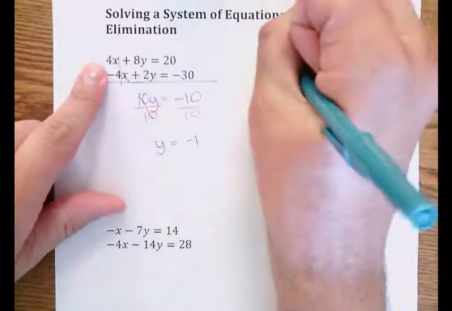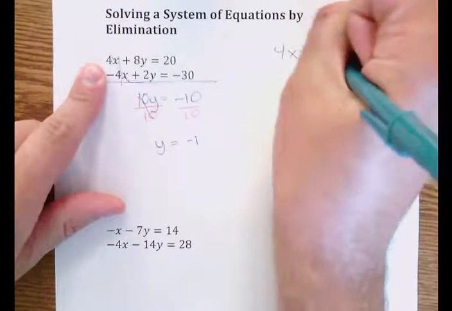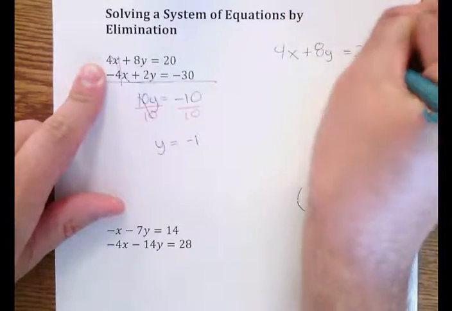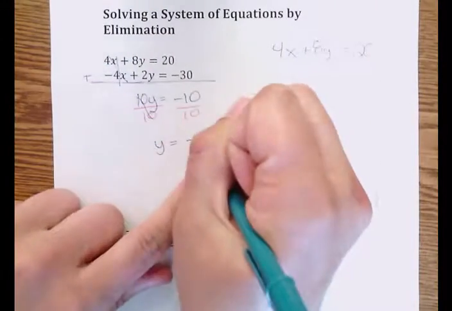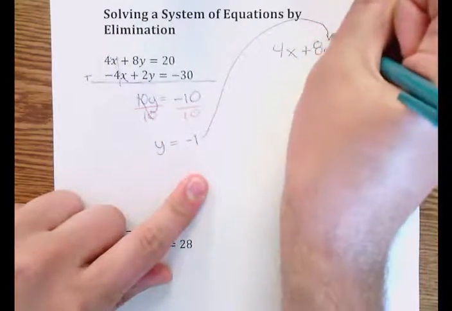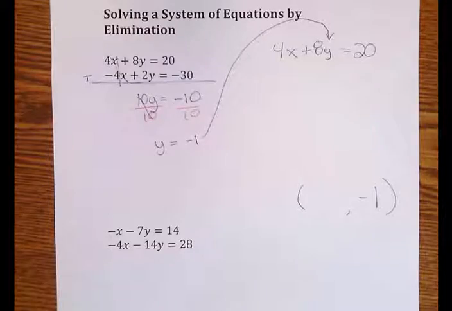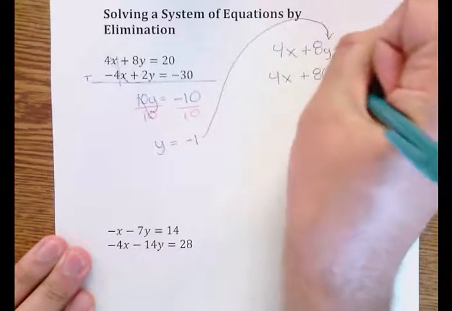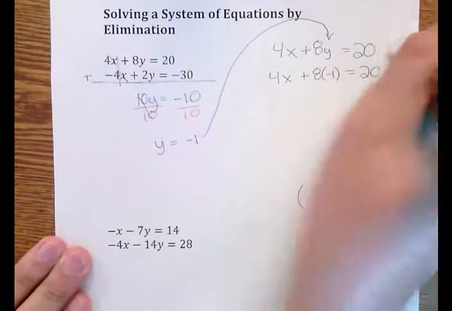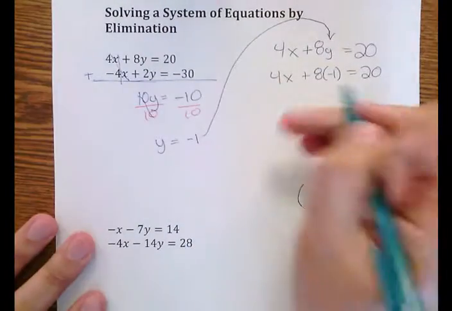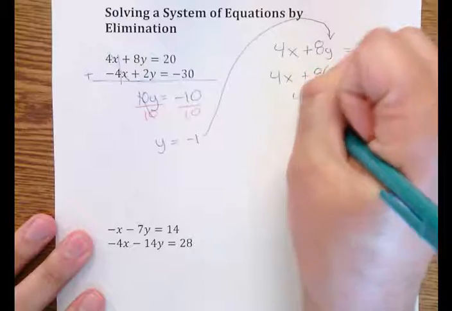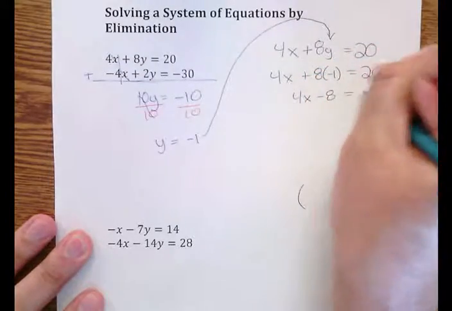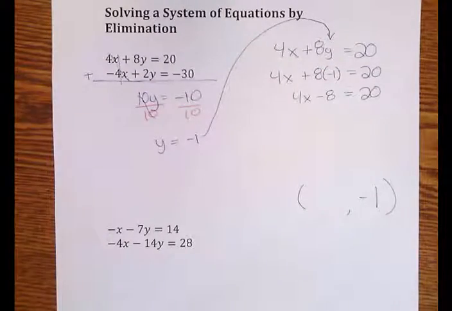I'm going to use the top one: 4x plus 8y equals 20. I'm going to plug in y equals negative 1. So I have 4x plus 8 times negative 1 equals 20, and 8 times negative 1 is negative 8. So I have 4x minus 8 equals 20.